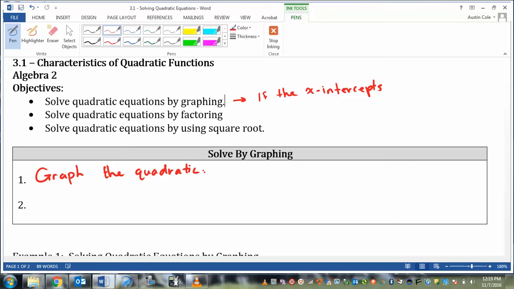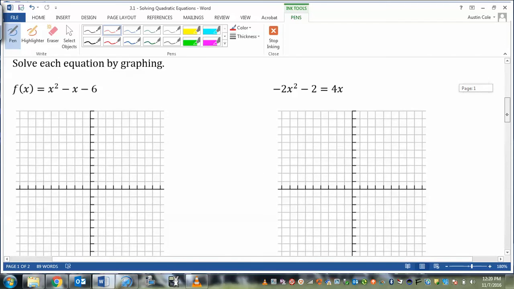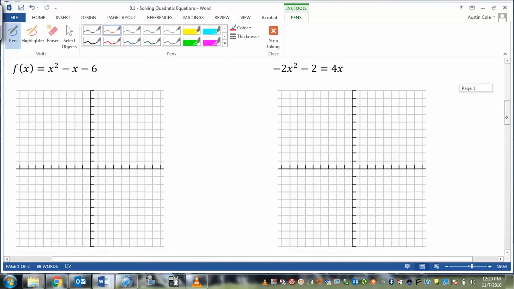And then we are going to find the x-intercepts. What does x-intercept mean? Liam. The graph crosses the x-axis. Great. It's where the graph crosses the x-axis. That's all we're doing.